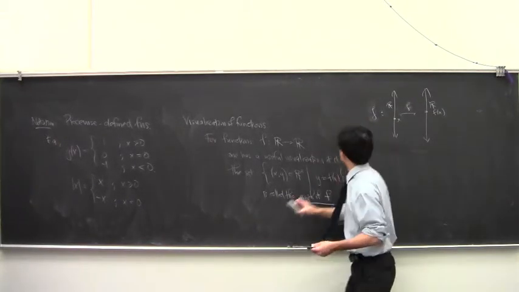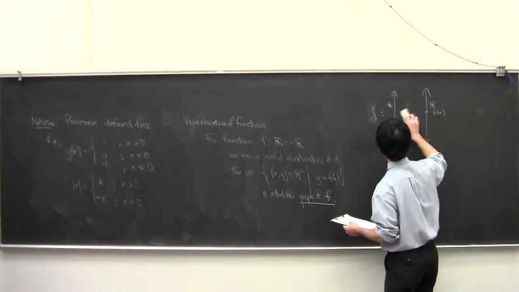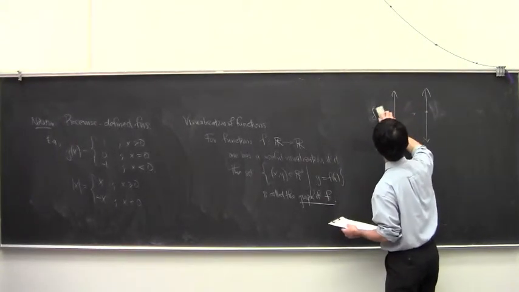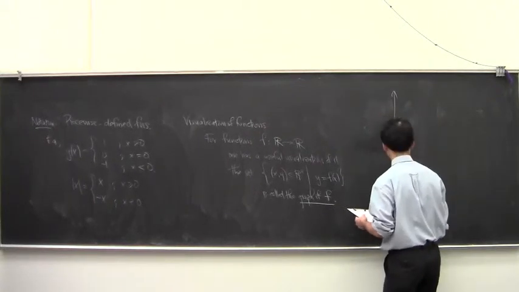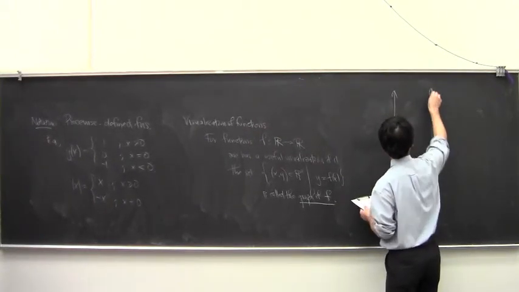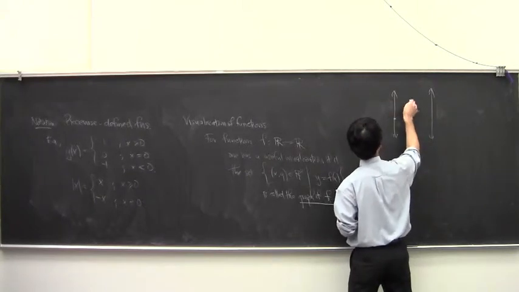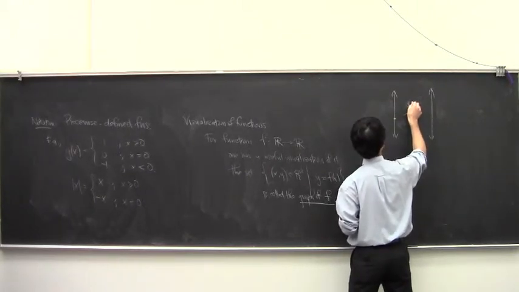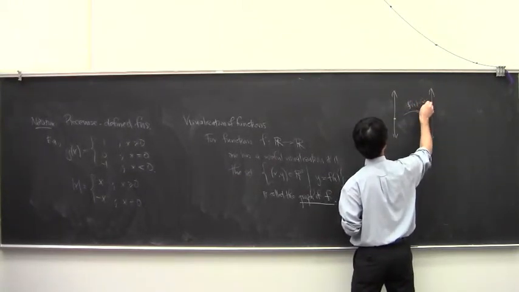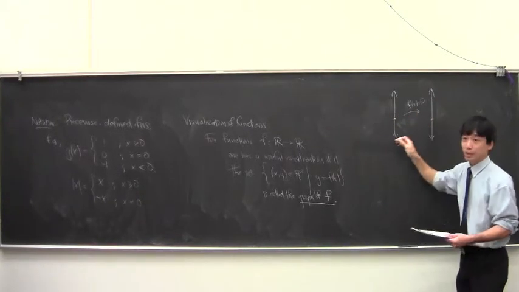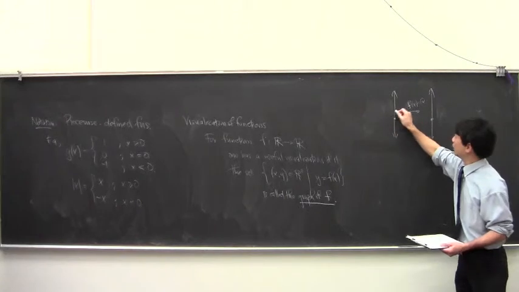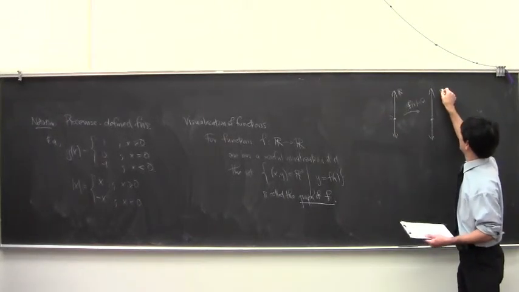For example, the square root function, say. If we think about f, the square root function, then you could think of it as a bunch of arrows going from the real line to the real line.